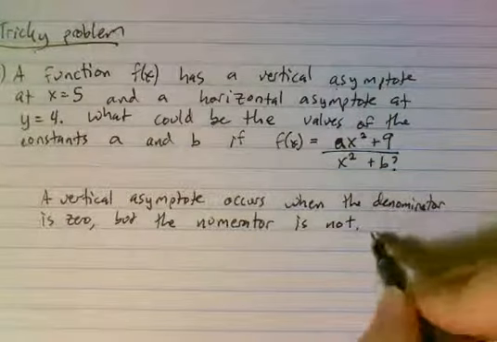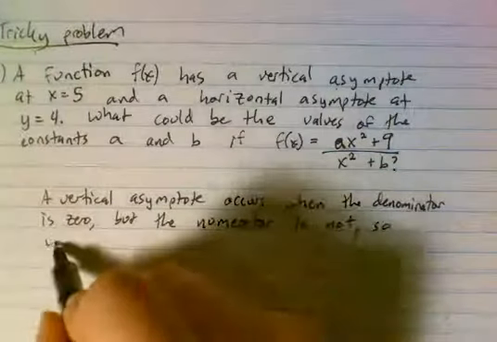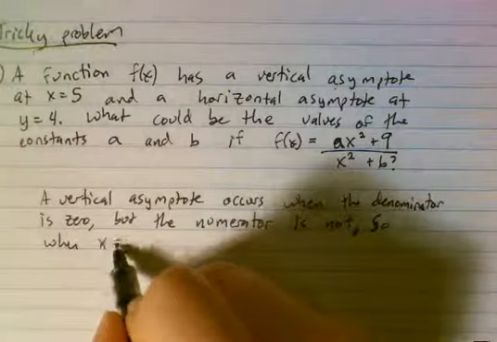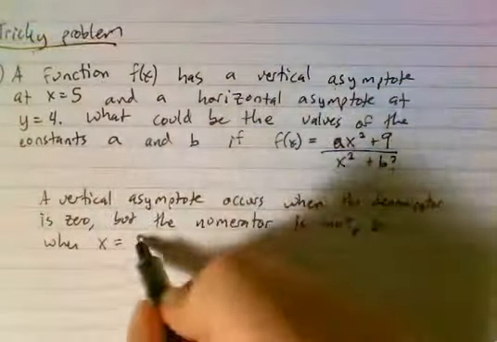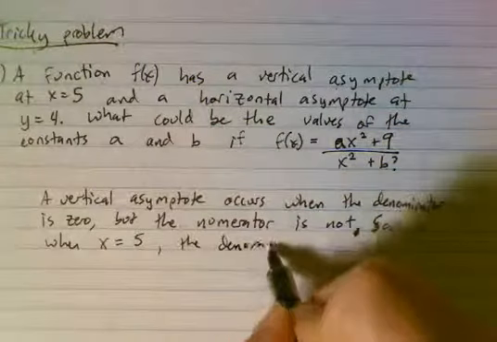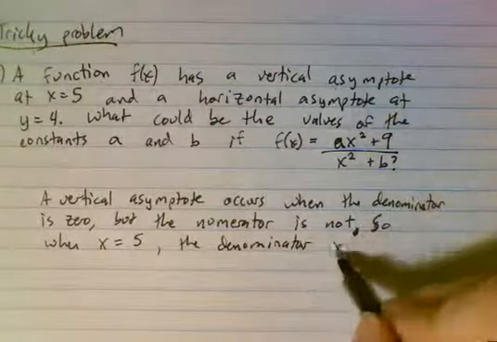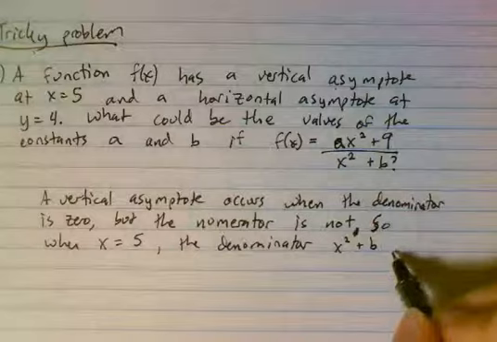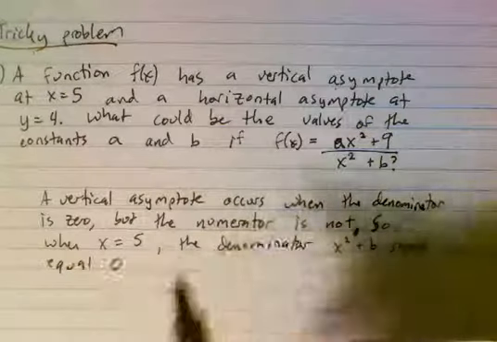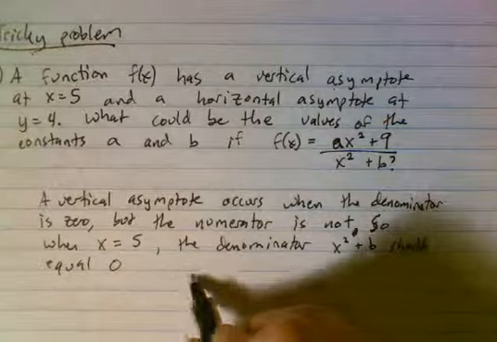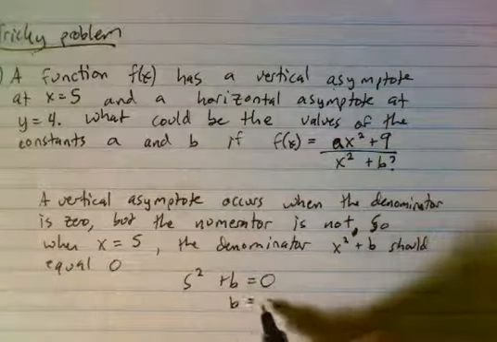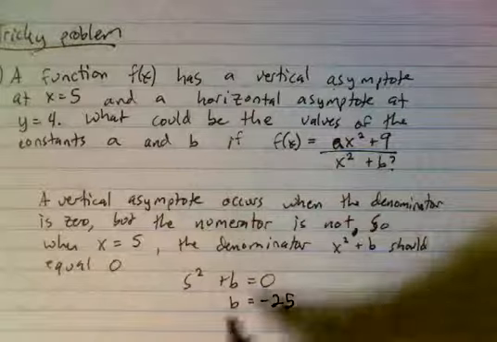So when x equals 5, because it says there's a vertical asymptote at x equals 5, the denominator, x squared plus b, should equal 0. So put the 5 in, so 5 squared plus b equals 0. b equals negative 25.